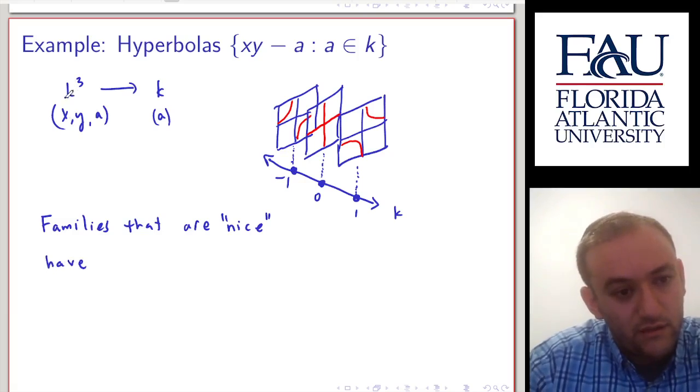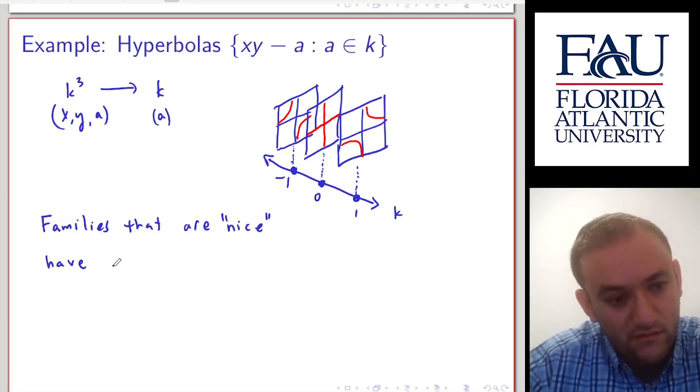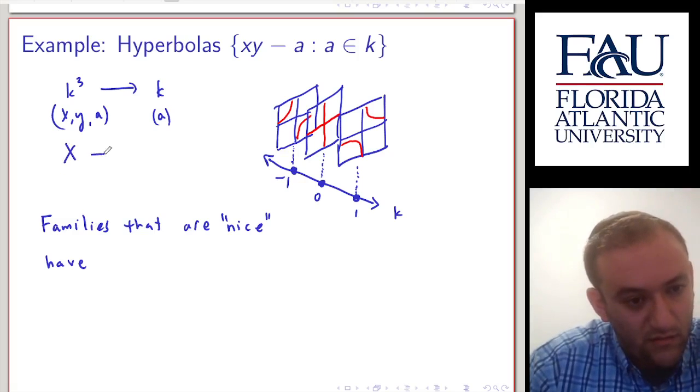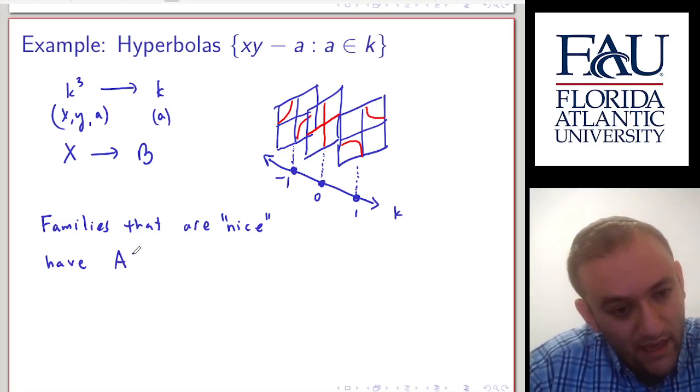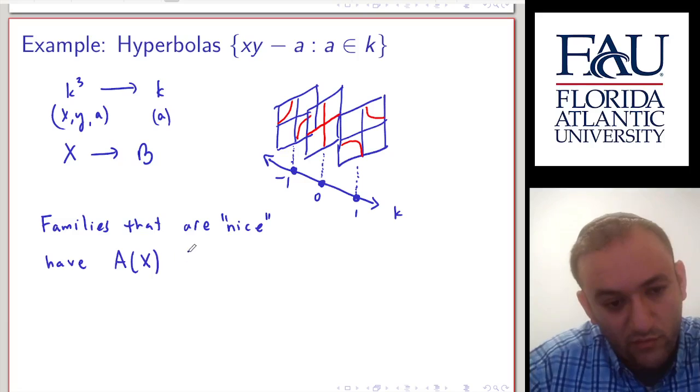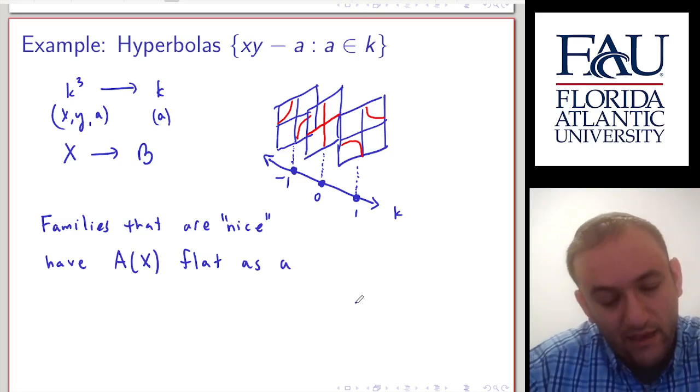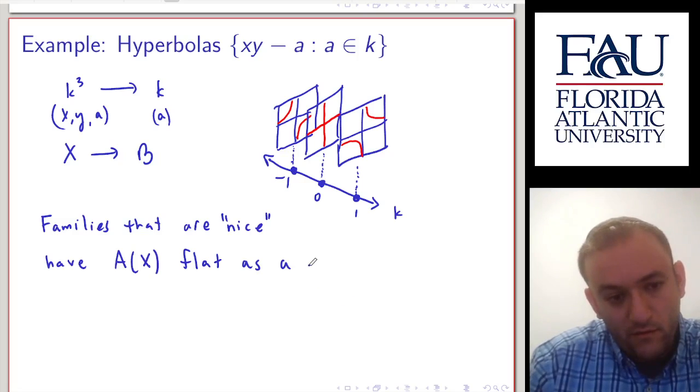Okay, well, in this case, we're mapping x to b. So what we'll want is A(x) will be flat as an A(b) module.